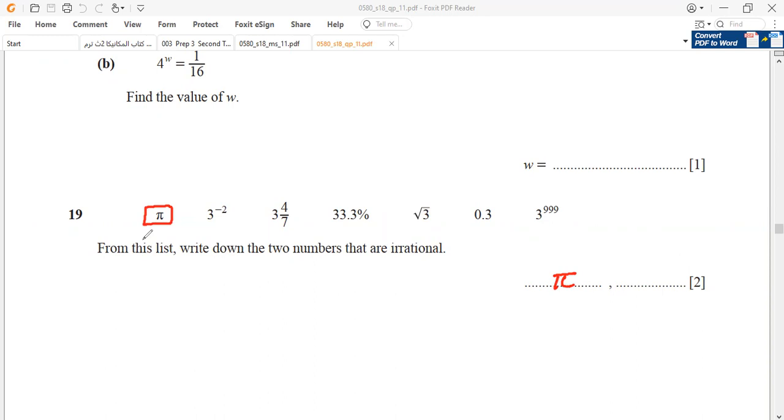Pi is an irrational number, so we can write it. 3 to the power negative 2 is rational. This number is rational, and this number is rational. Square root of 3 is an irrational number. We will write it.